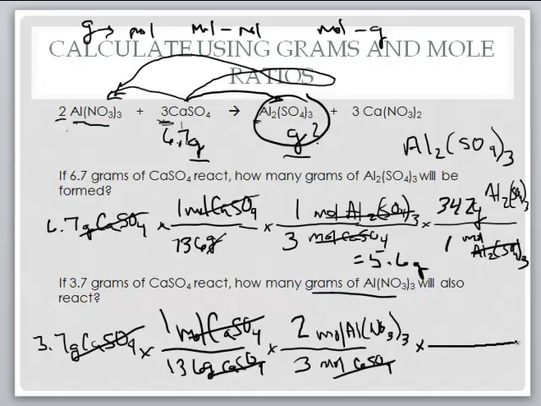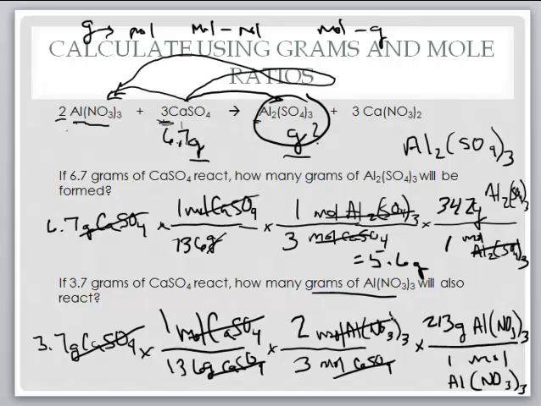So let's do one more conversion, and we're going to convert moles of aluminum nitrate to grams of aluminum nitrate. I think I need to leave some more room. So let's calculate the molar mass of aluminum nitrate. 1 mole, grams would be 27 plus 3 times 14 plus 9 times 16 would give us 213 grams.